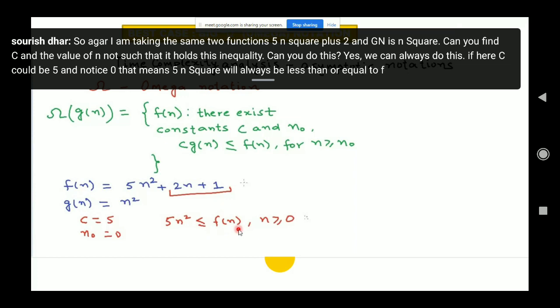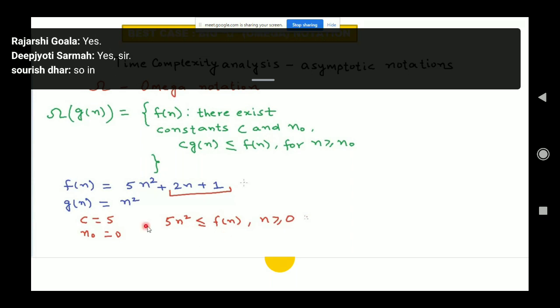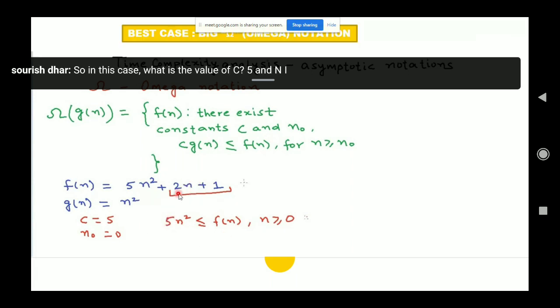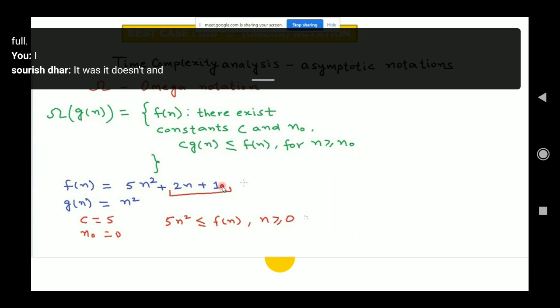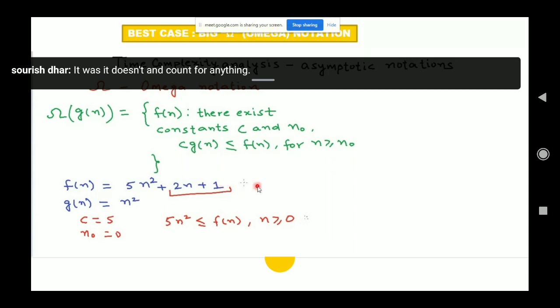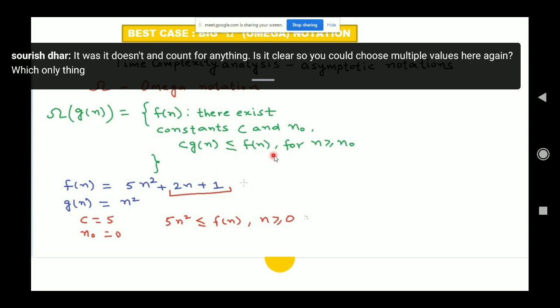Am I right? So in this case, what is the value of c? 5, and n naught I have already chosen 0. So 2n plus 1 always goes for a toss. It doesn't count for anything. Is it clear? So you could choose multiple values here again. The only thing is you have to make sure this inequality holds in case of omega notation.